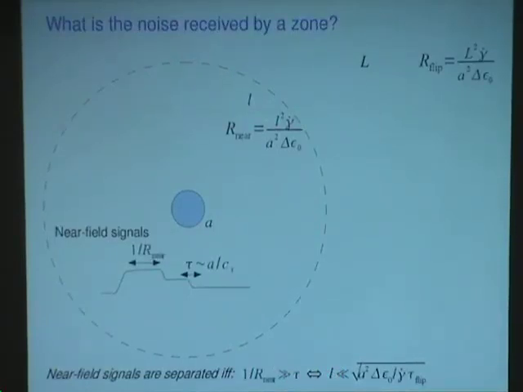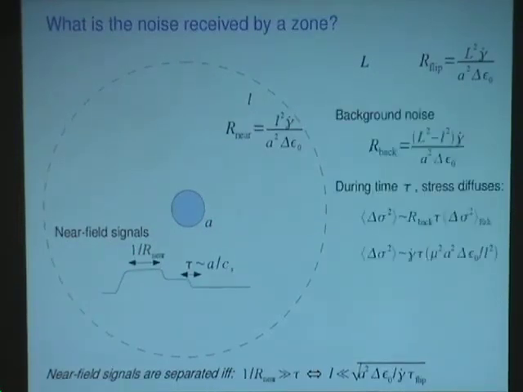Now the problem is that this zone is not only seeing signals coming from this region, but it's also seeing signals which come from outside. So from outside, you have a background noise, which is just the rest. I mean, everything which is not the difference between these two rates, all the other flips, it's essentially the same thing as that. And now, this noise coming from the far field is a very high noise.